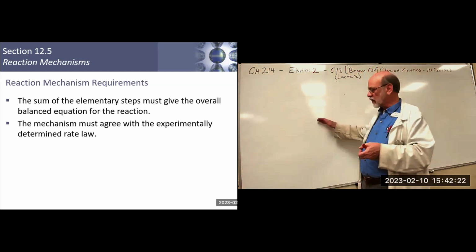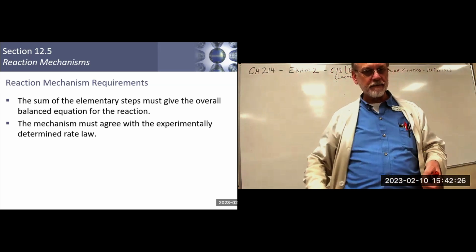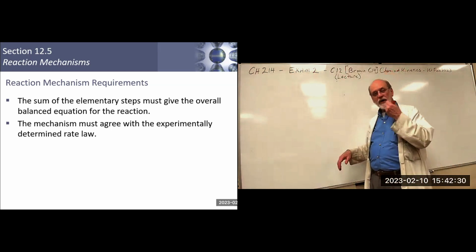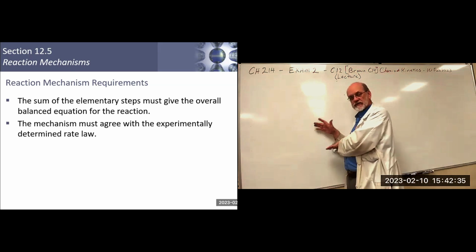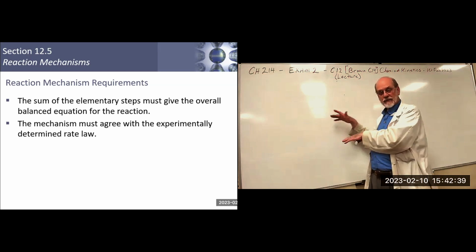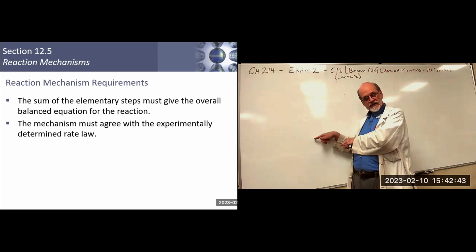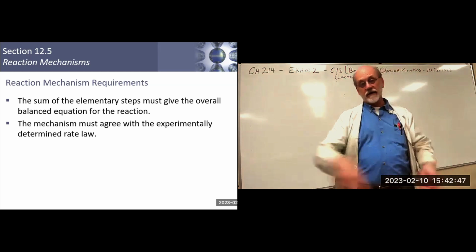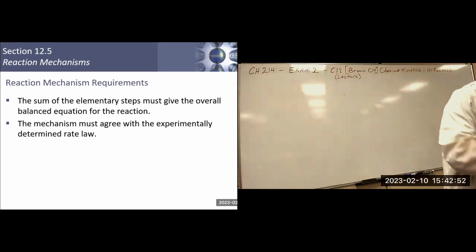They must equal the overall equation in order to be a valid mechanism. And once you've proposed a mechanism and its elementary steps, you use those elementary steps to derive the rate law from them. And we'll do an example in a minute. If it's not the same rate law as the one you determined experimentally, you throw it out. They have to agree.